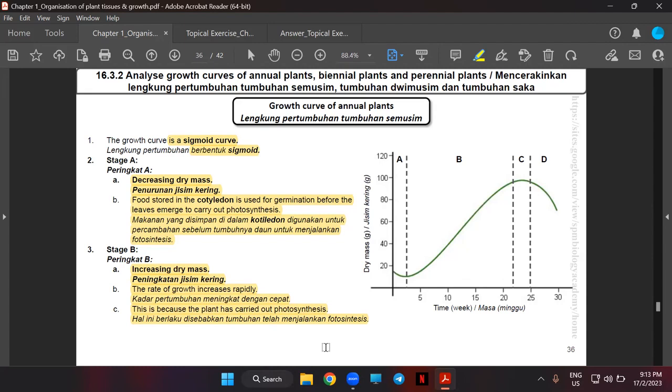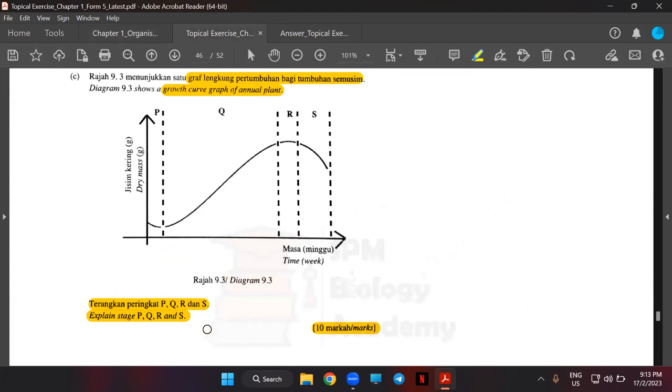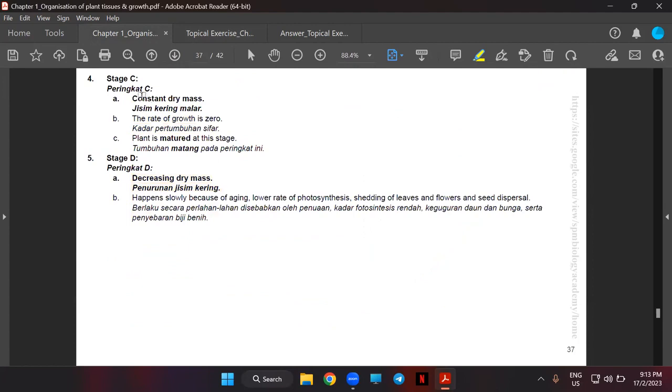Okay. Are you done with these two? Now we go for, kita bergerak ke peringkat R, stage R, underline, you write this.